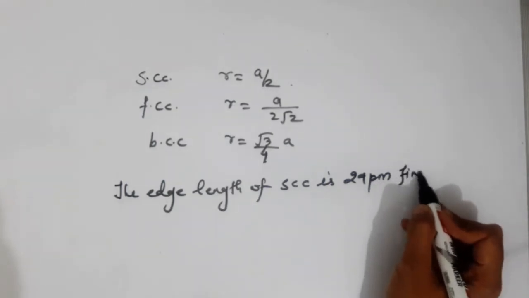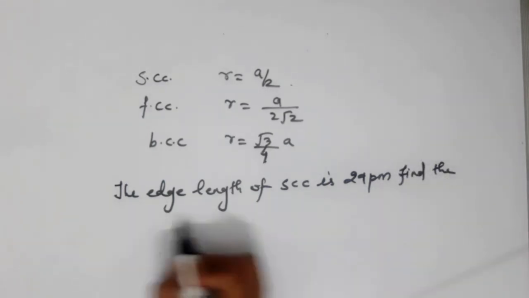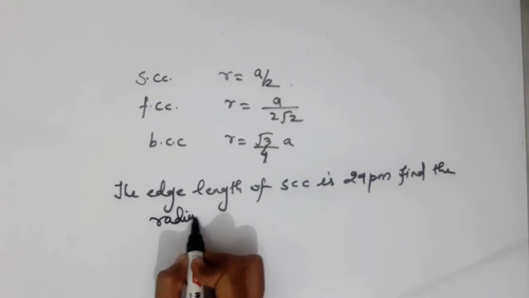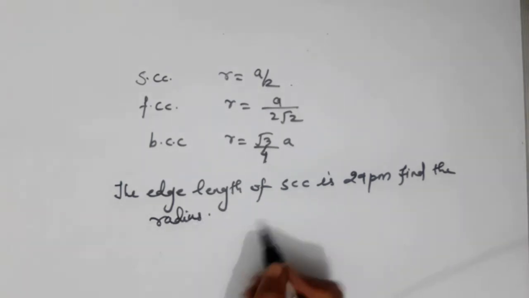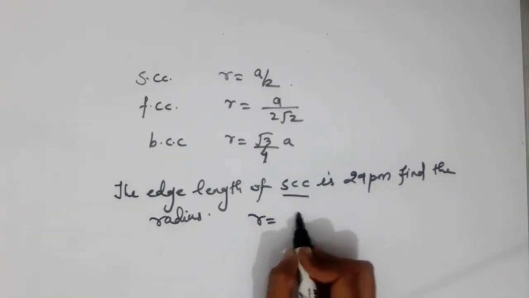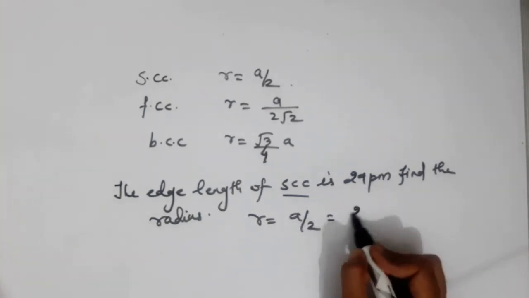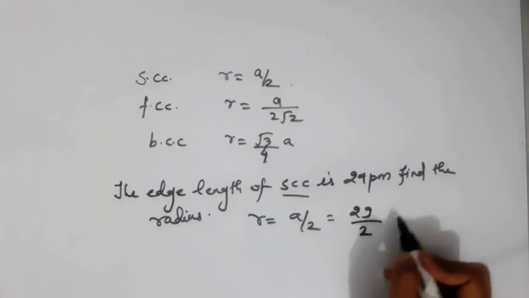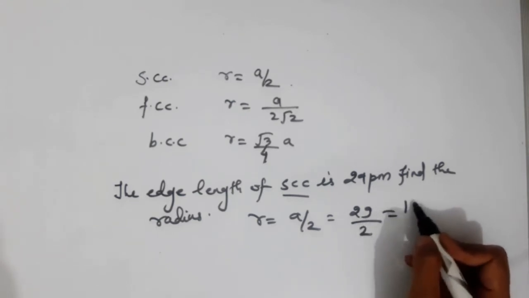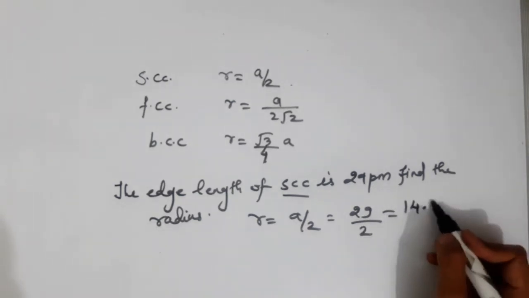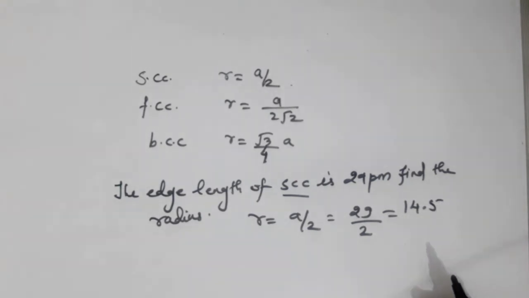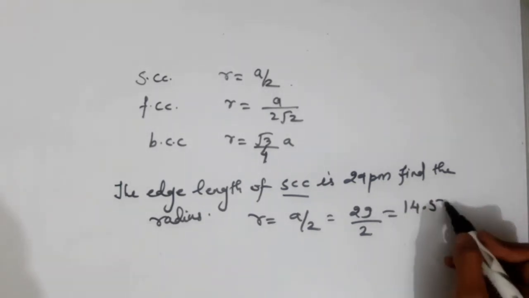Find the radius. So in this case, for SCC, r is equal to a upon 2, where edge length a is given as 29, divided by 2, so the answer will be 14.5, and the unit is picometer.